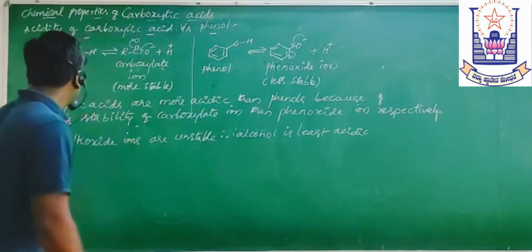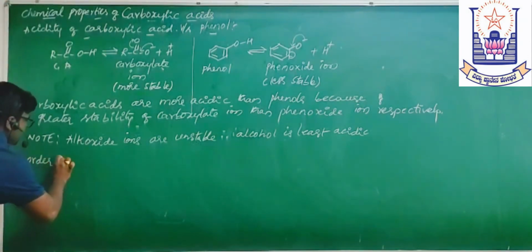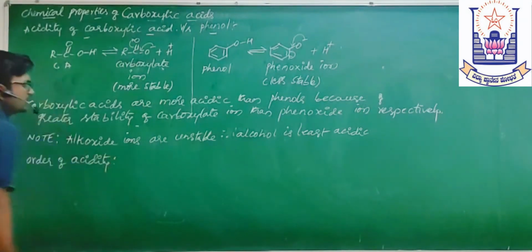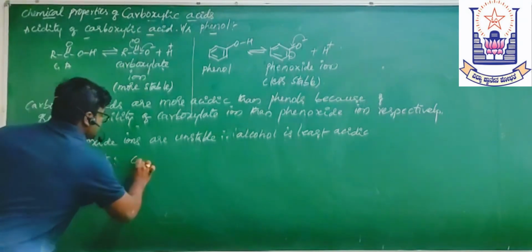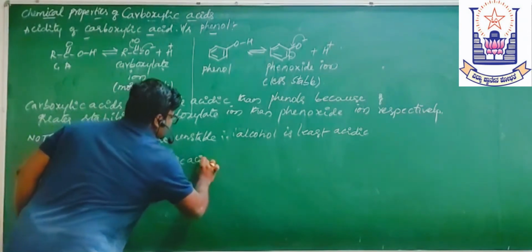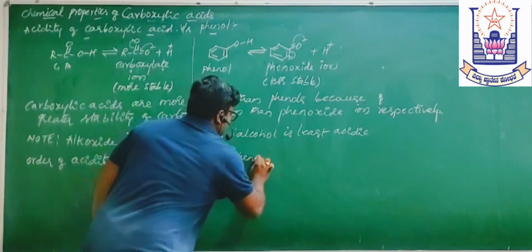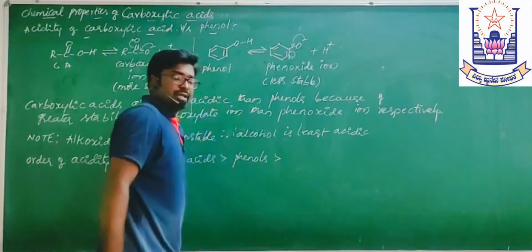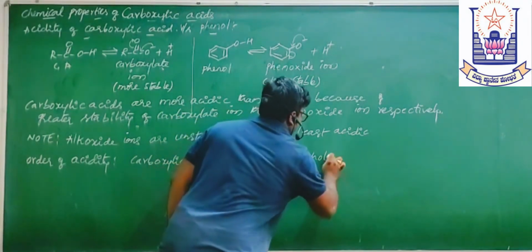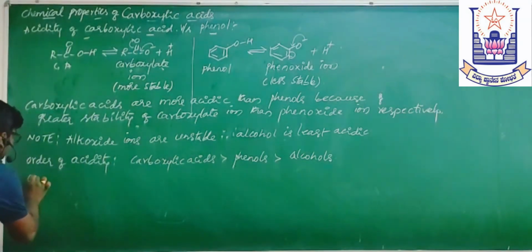You can take one more time that order of acidity. So carboxylic acids are stronger than the phenols. Phenols are stronger than the alcohols. And here order of stability you take.